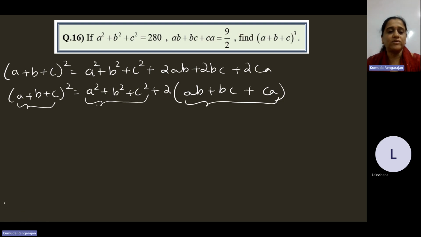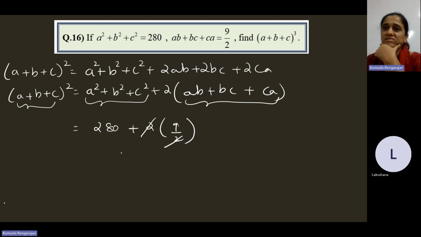So what's the value of a squared plus b squared plus c squared, Shreya? No, you should concentrate. What is the value of a squared plus b squared plus c squared? 280. This is 280 plus 2 into... what's the value of ab plus bc plus ac? 9/2.